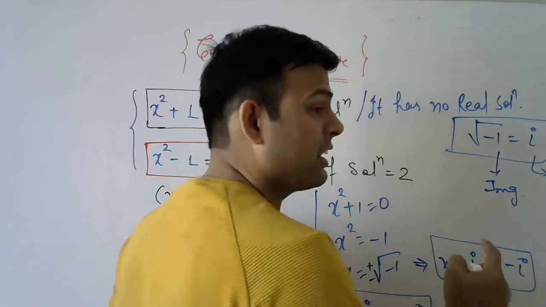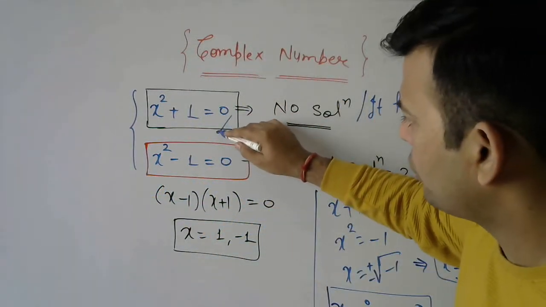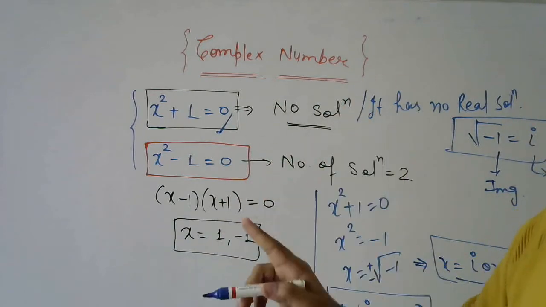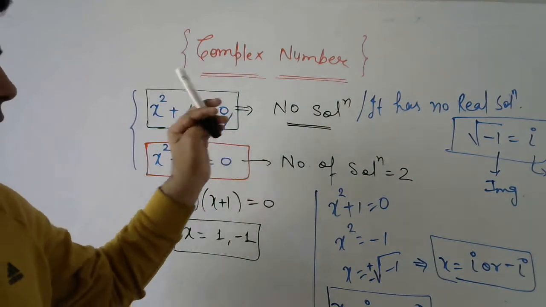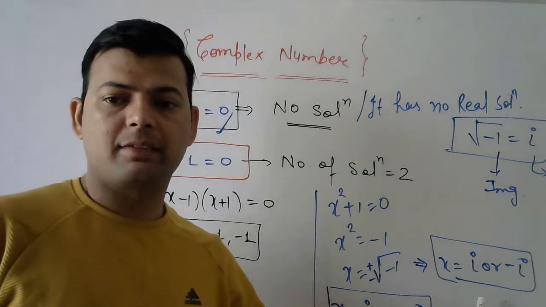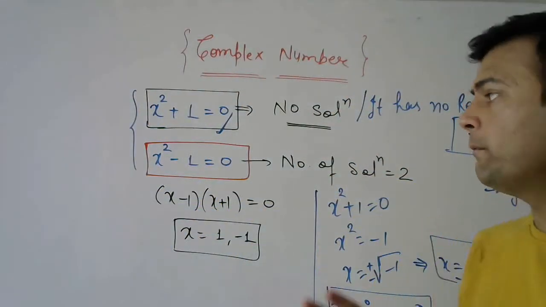But these are not real solutions. So if I ask the number of real solutions of this equation, the answer will be 0. But if I ask the number of solutions, it can be iota and minus iota. So two solutions are possible, but they are not real, they are imaginary.